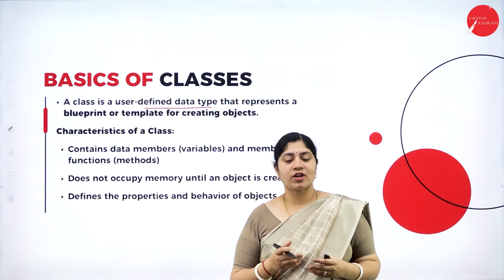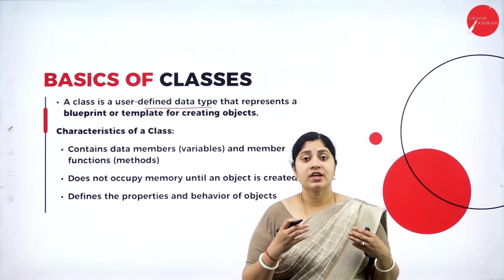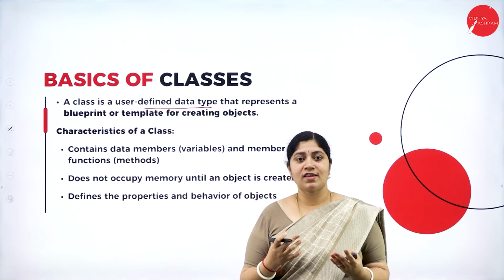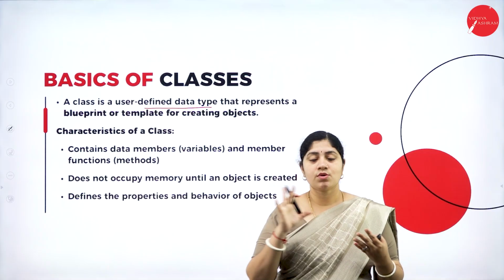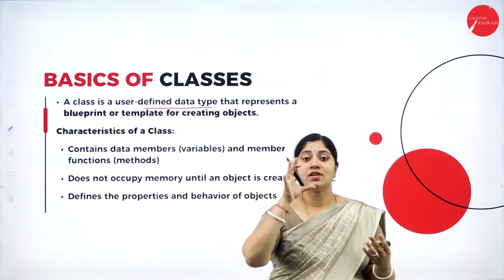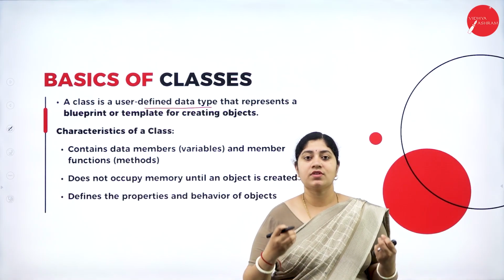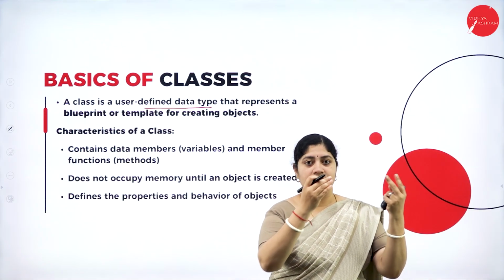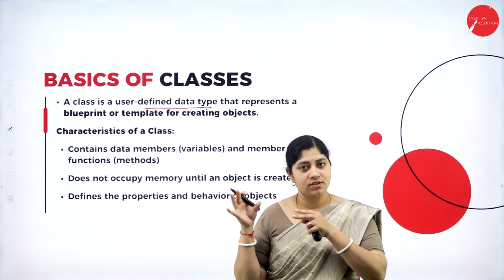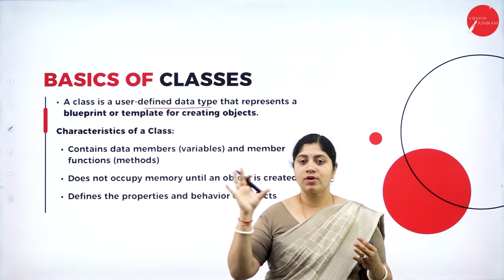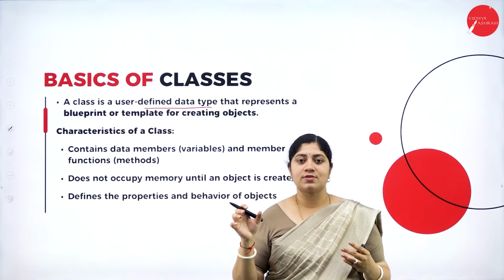Now let's see what are the characteristics of class. It contains data members as well as member functions, and the main thing is the class does not occupy any memory until an object is created, until and unless we have that confidence with respect to the behavior of that described class. Until that, the class will not consume any memory space.